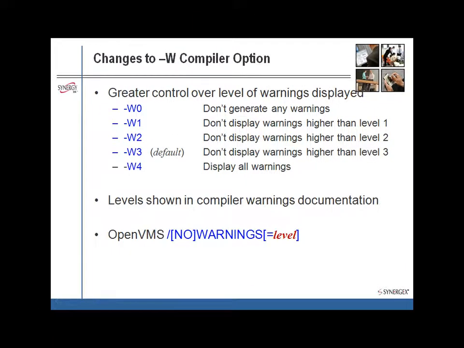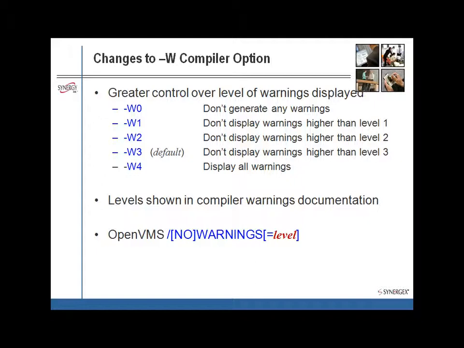We've also changed the implementation of the -w compiler option, which now gives you more granular control over the number and nature of compiler warnings that are displayed. A warning is not a serious error in the code, but is something which is at least questionable. As a general rule, many developers have a policy of not tolerating any compiler warnings. There are now 4 warning levels.